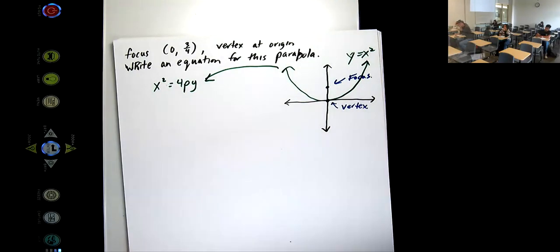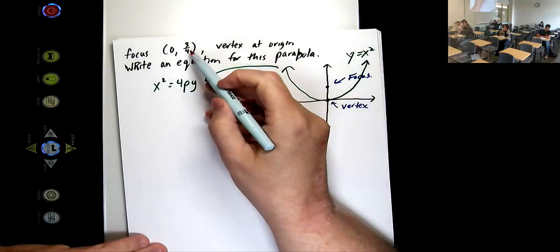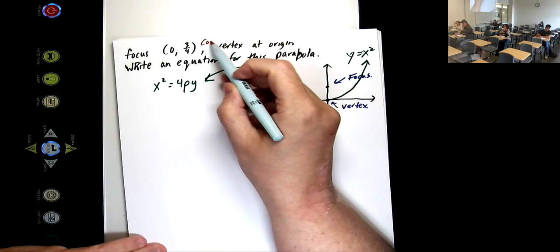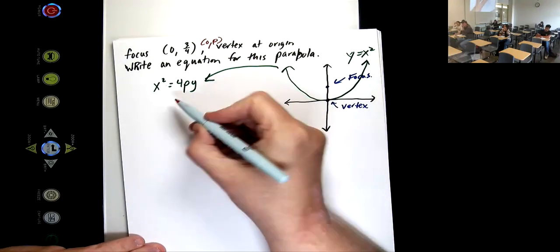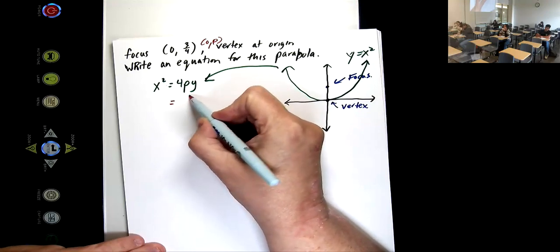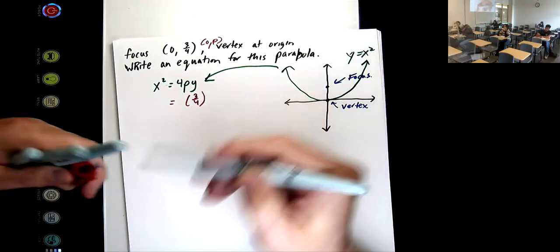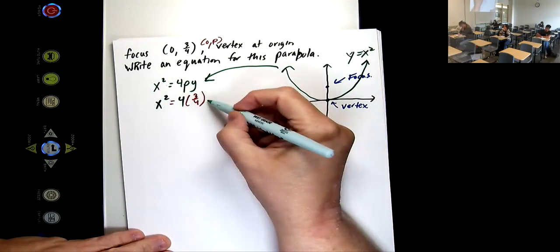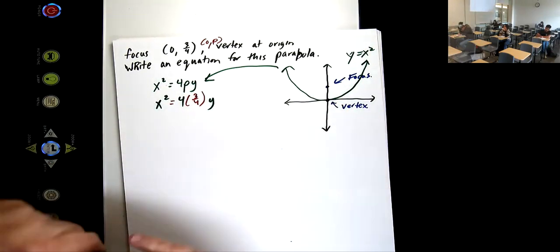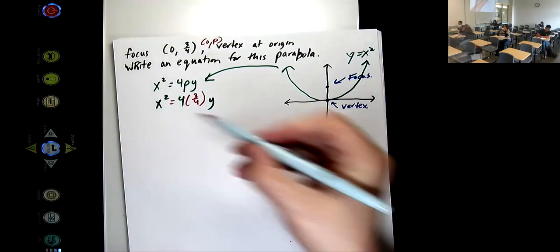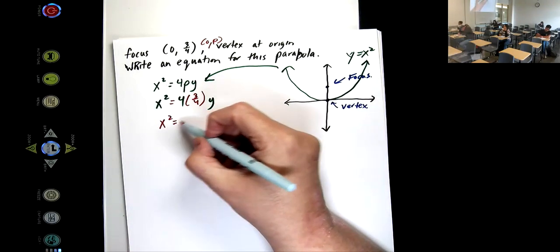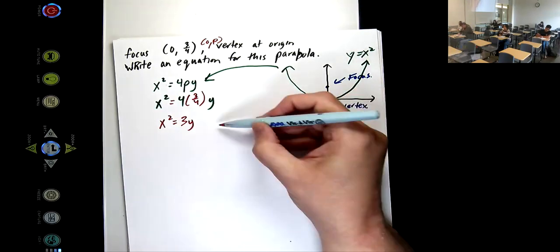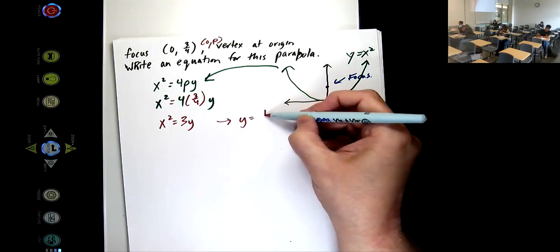And now this gives me my p. This is (0, p). So p is 3/4. And I get x squared equals 3y, or y equals 1/3 x squared.